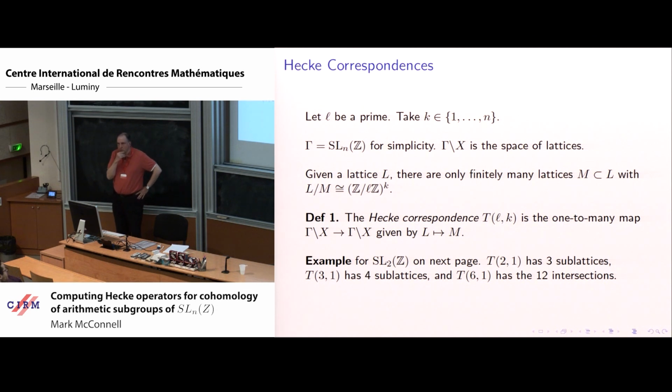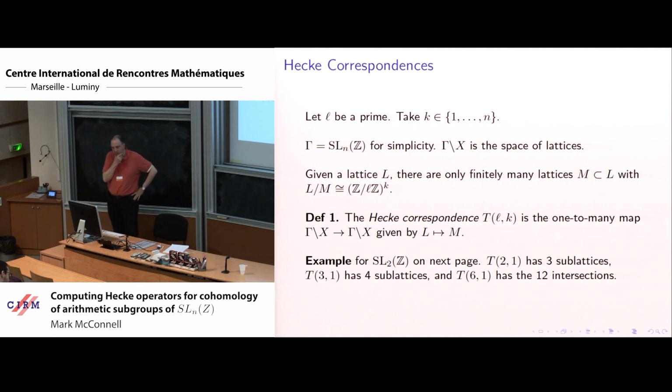Okay, so here's the way to think of it. Given a lattice L of rank n, there's only finitely many sublattices M in L, where L mod M is isomorphic to (Z mod lZ) to the k. There's only finitely many directions in which you can go in L, like give yourself index l to the k different directions.